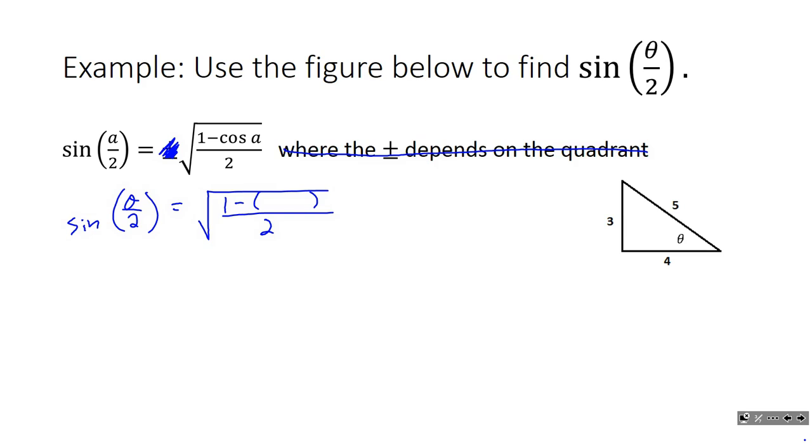CAH says cosine is the adjacent over the hypotenuse. So here's our angle, theta. Cosine of theta equals the adjacent, which would be the 4, over the hypotenuse, which of course is 5. So all we have to do is plug 4 over 5 into our radical here, and then of course do a little bit of simplification on that.